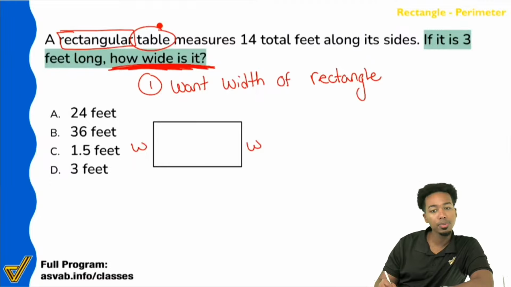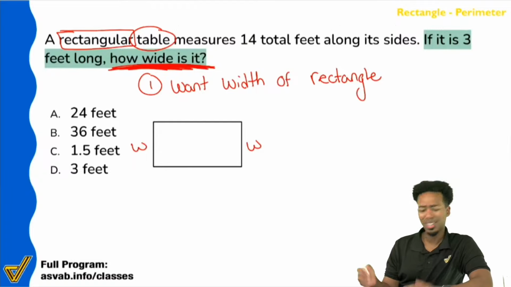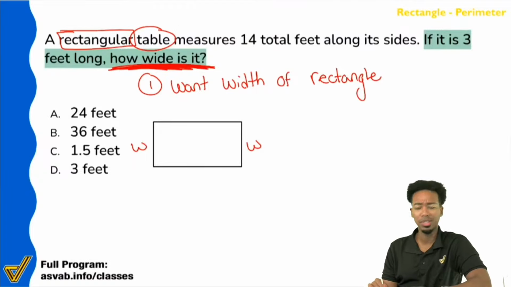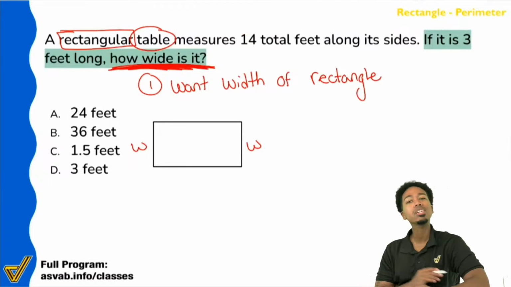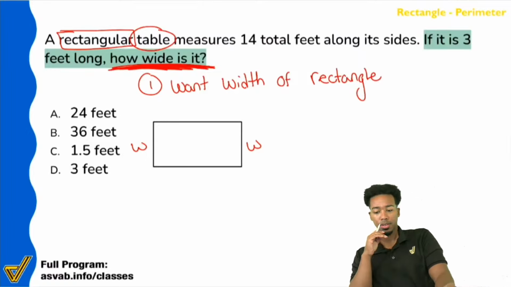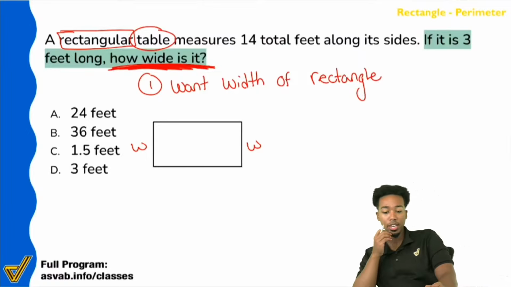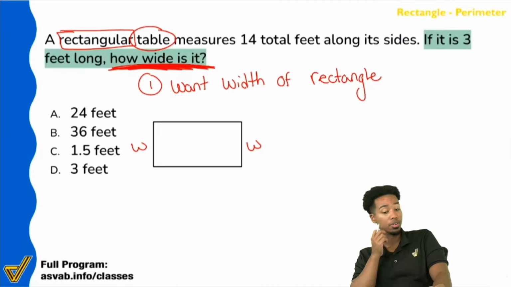The rectangular table measures 14 total feet along its sides. What does that mean? What does the 14 mean, everybody? Angelica, it gives us the perimeter. Gives us the perimeter if it's 3 feet long.